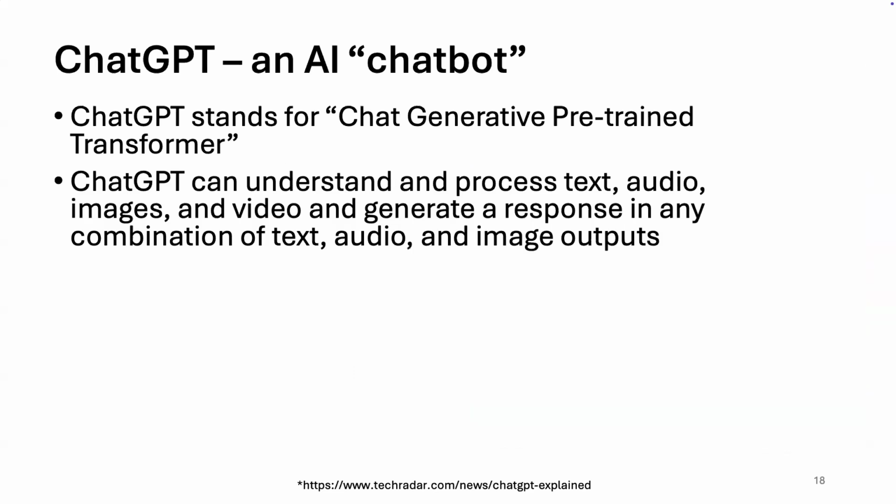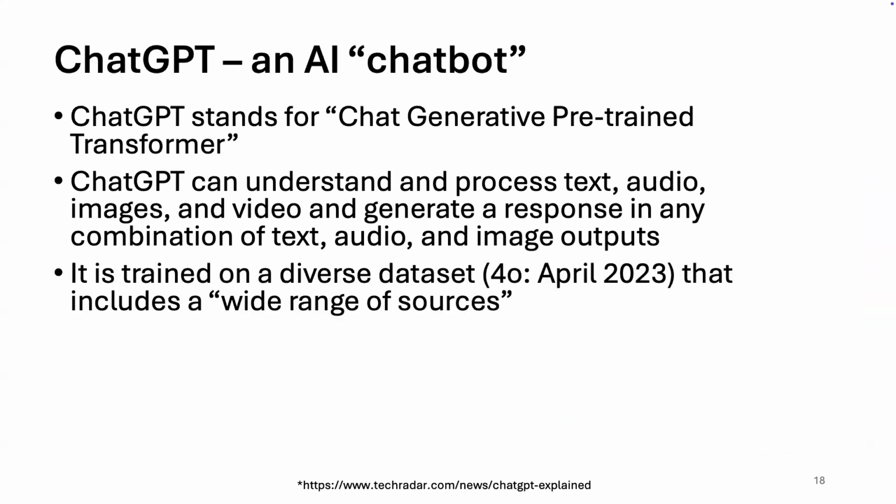So ChatGPT is probably the premier AI chatbot. It's been around the longest. ChatGPT 4.0 is the latest, and it was trained on a diverse data set. Now, ChatGPT 3, which is its predecessor, would tell you what those data sets were.